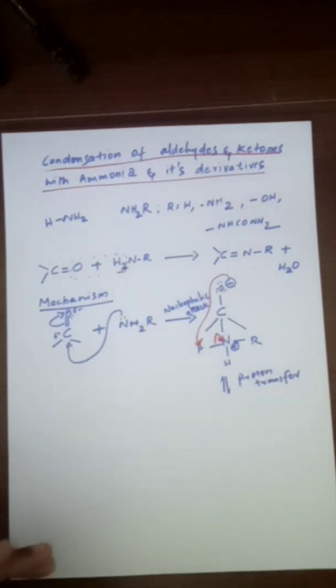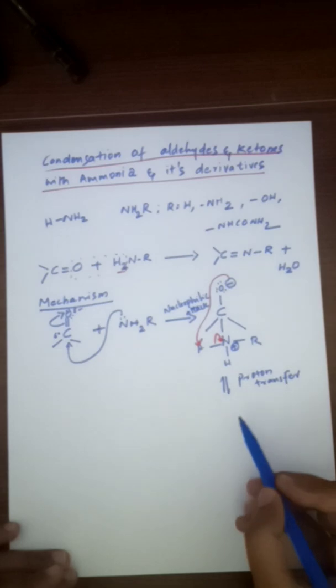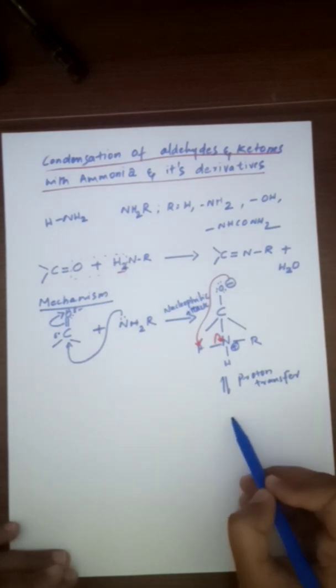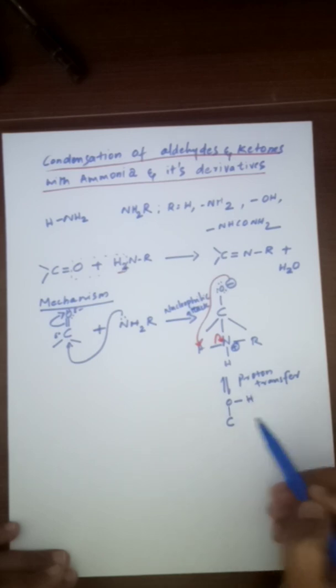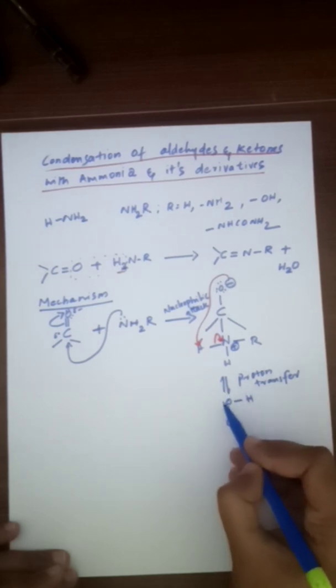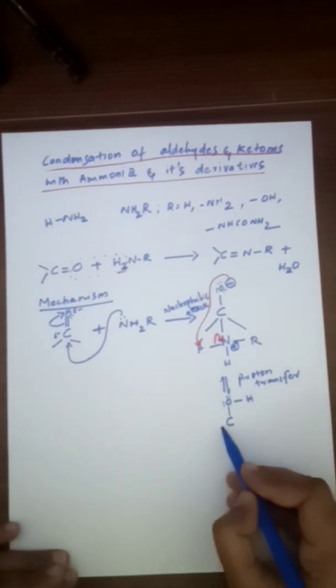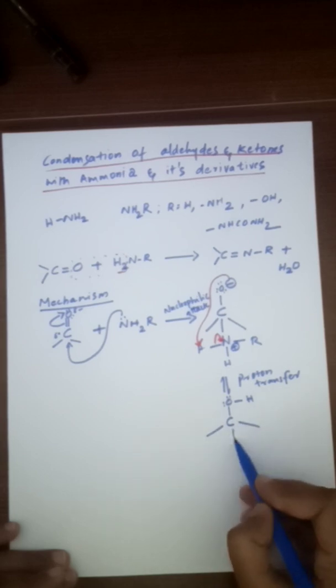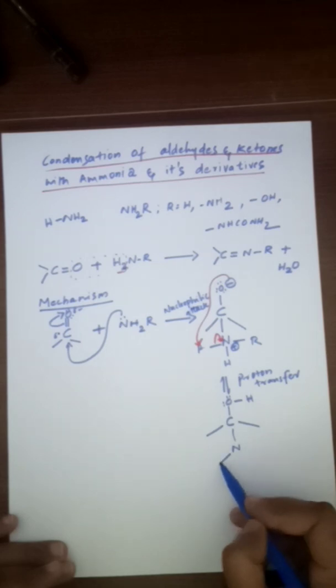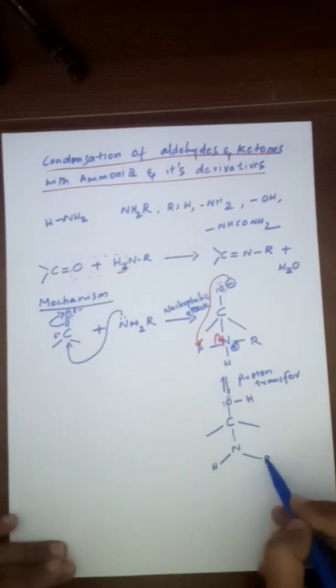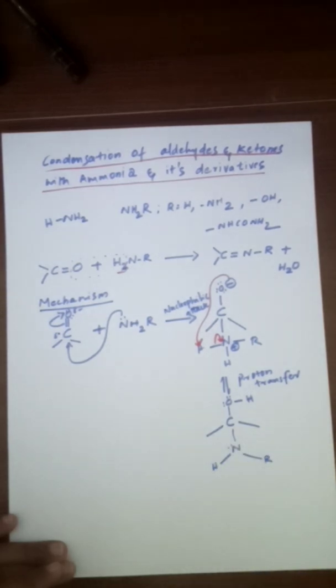What does it result in? It results in a compound with carbon, the OH link, and two valencies. We now have only one hydrogen and R on nitrogen. The lone pair of nitrogen is also back.